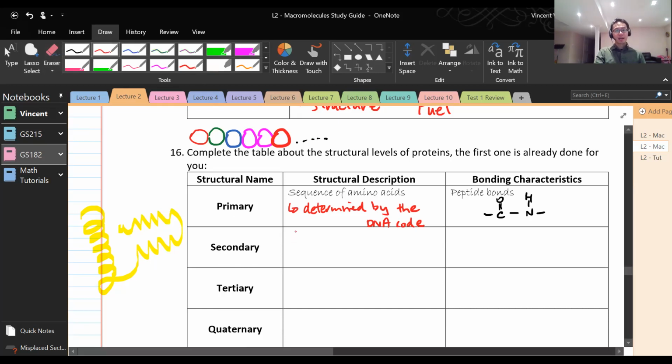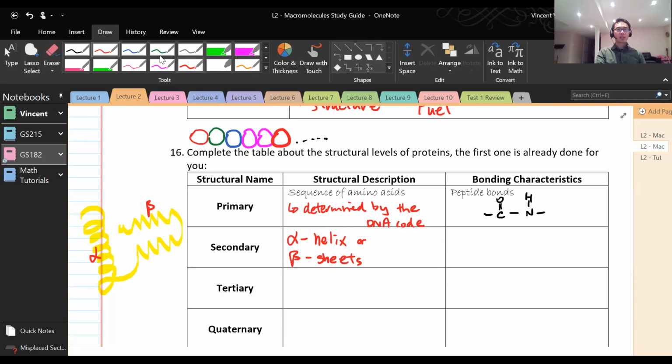Okay, so we have alpha helix or beta sheets. Okay. Beta pleated sheets, which is called beta sheets. So here are the beta sheets. Here is the alpha helix. Okay. So do they form the helix or do they form the sheets? That's what secondary structure means.